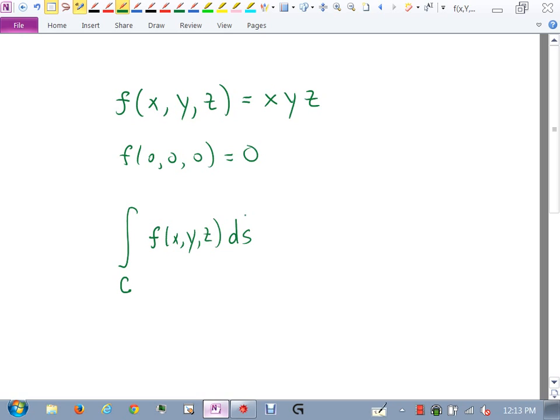The difference now is that I want to add up all the points not along that straight line, but along what? A surface. So imagine now, instead of going from the origin to that projector, I have some surface out here, right? And it may or may not go to that projector.